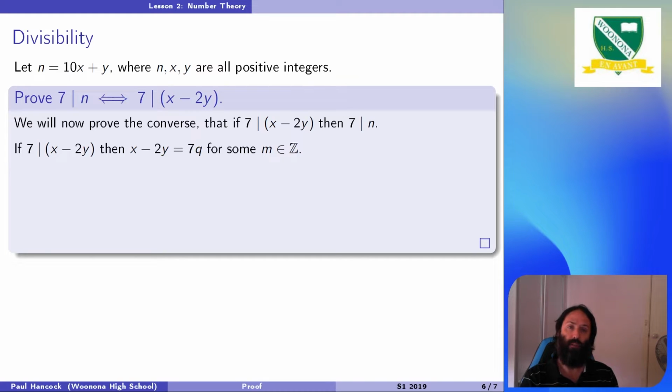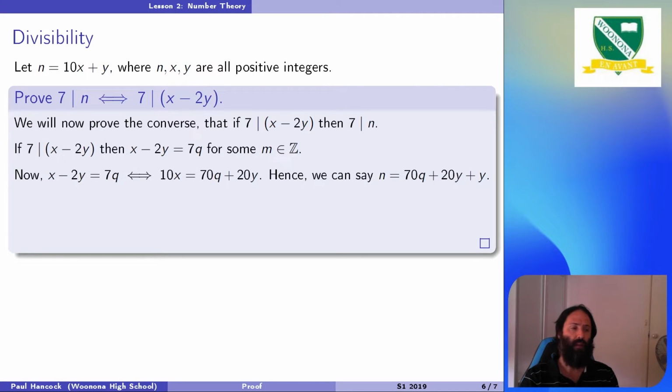So here we're told that 7 divides x minus 2y. We know that's true, so let's state that another way, that x minus 2y is equal to 7q. I've used a different letter here from p before, just to keep things different. That's the same thing as saying that 10x is equal to 70q plus 20y. Just check that you can see that they are in fact the same thing.